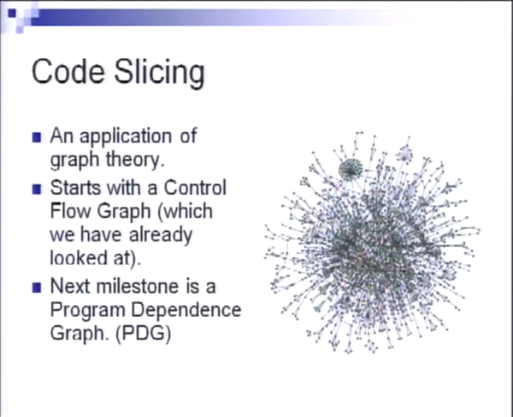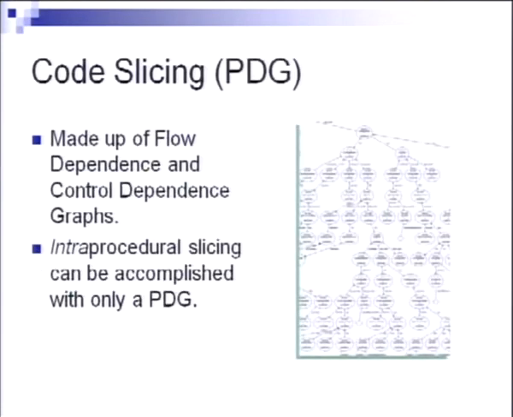Code slicing is an application of graph theory, and we all know that CS people love graphs and there's nothing they can do to get away from them. It starts with a control flow graph, which we just looked at for signature analysis. The next milestone is a program dependence graph, or PDG. Code slicing with a PDG is made up of flow dependence and control dependence graphs.